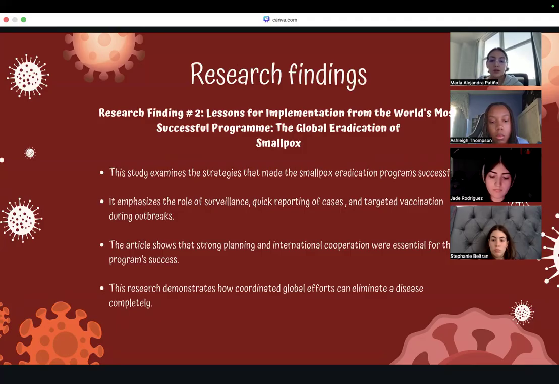It emphasized that watching for new cases, reporting them fast, and using vaccines in the right places were very important. It also says that countries needed to work together and plan well. It shows that when the world works together, a disease can be removed completely.